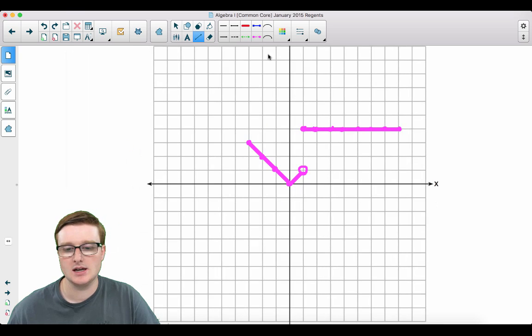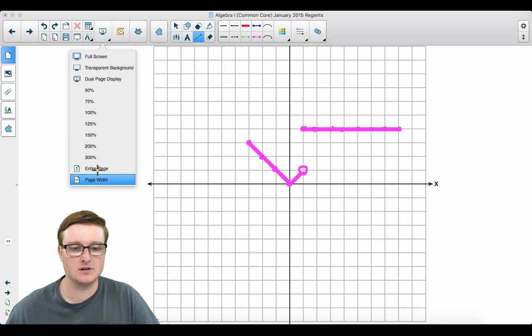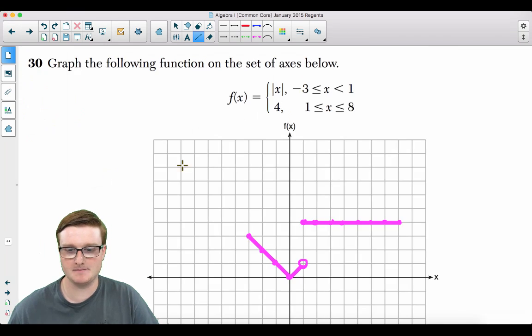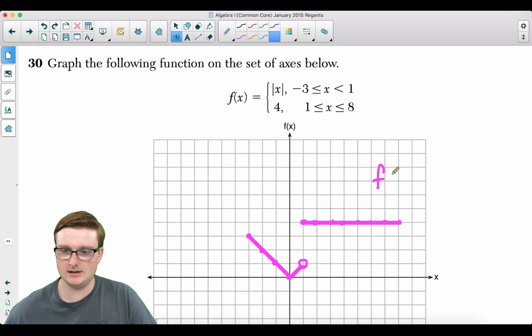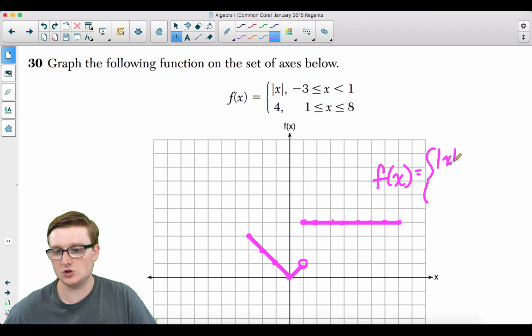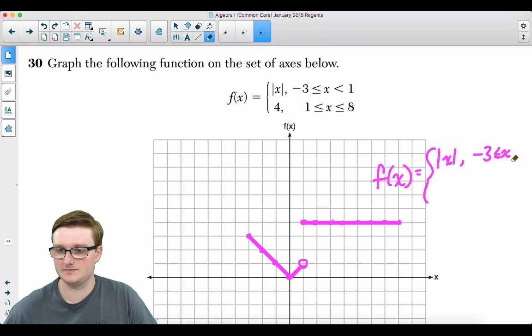Okie dokies. So now we have this, right? I am now going to label this as f of x is equal to the piecewise graph.